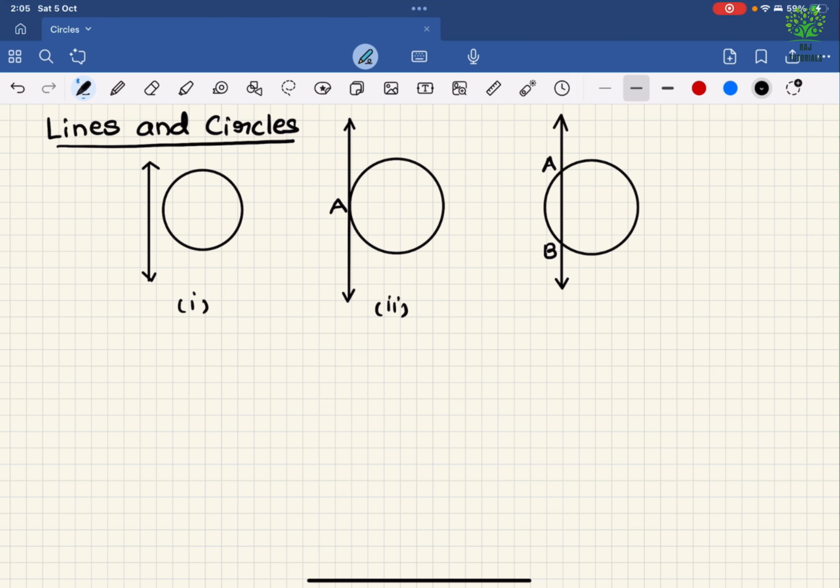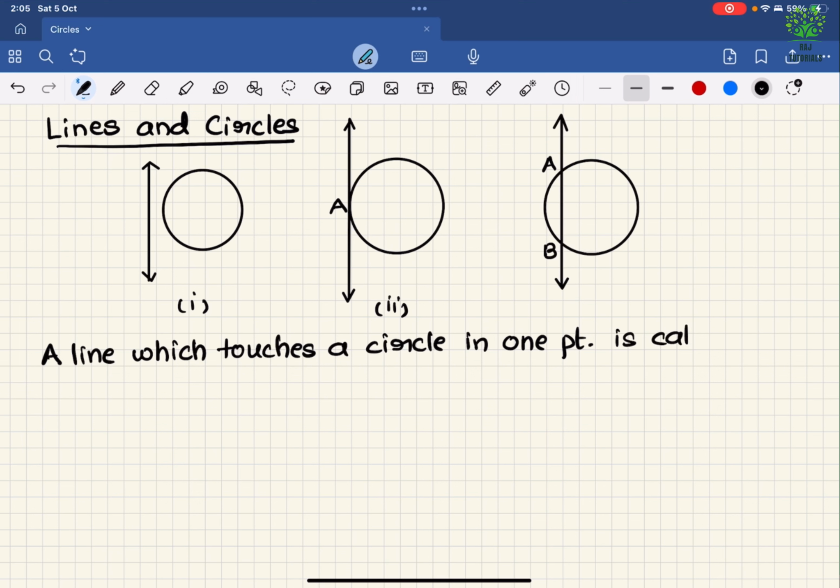So I can say a line which touches a circle in one point is called a tangent to the circle.